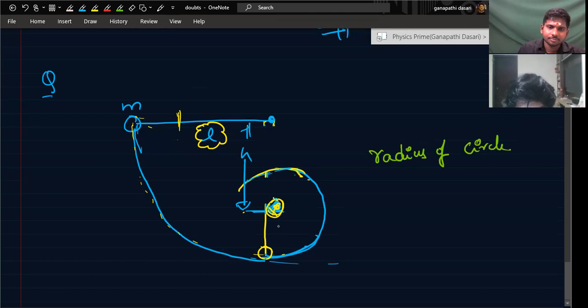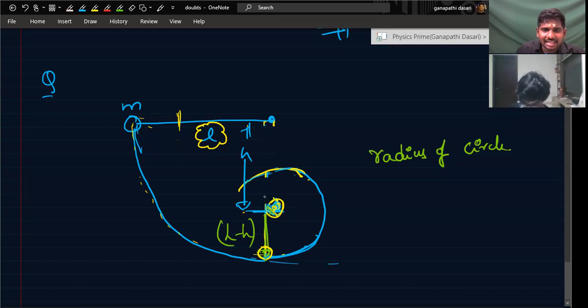The radius of the circle is this, right? That is L minus h or not? Tell me. Do you understand?